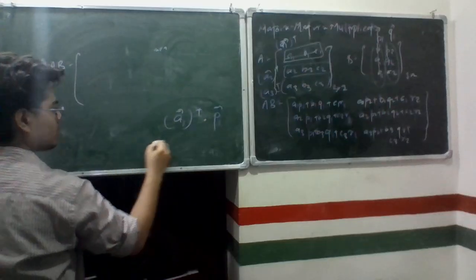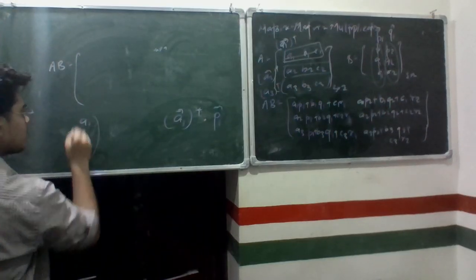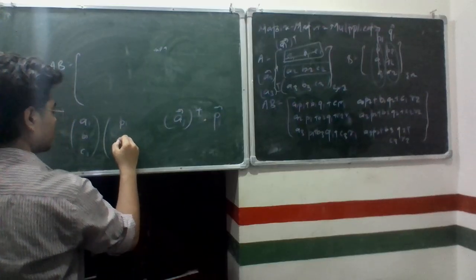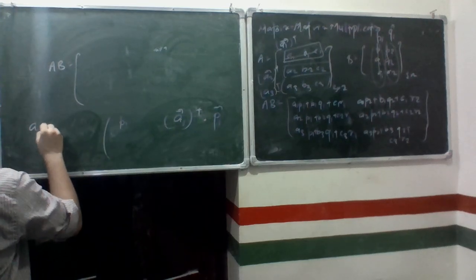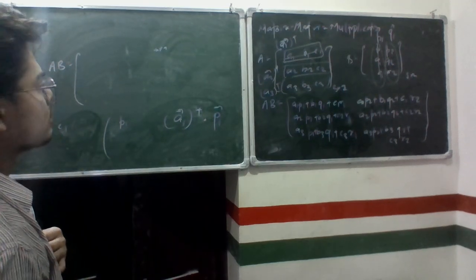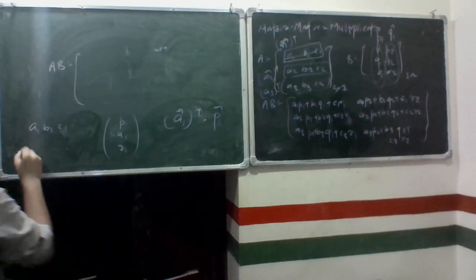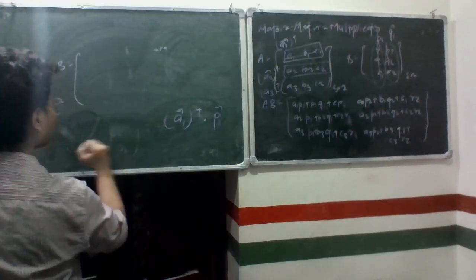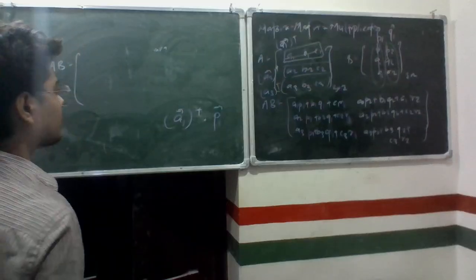This means we have [A1 B1 C1] times [P1 Q1 R1] transpose, which gives us A1P1 plus and so on.